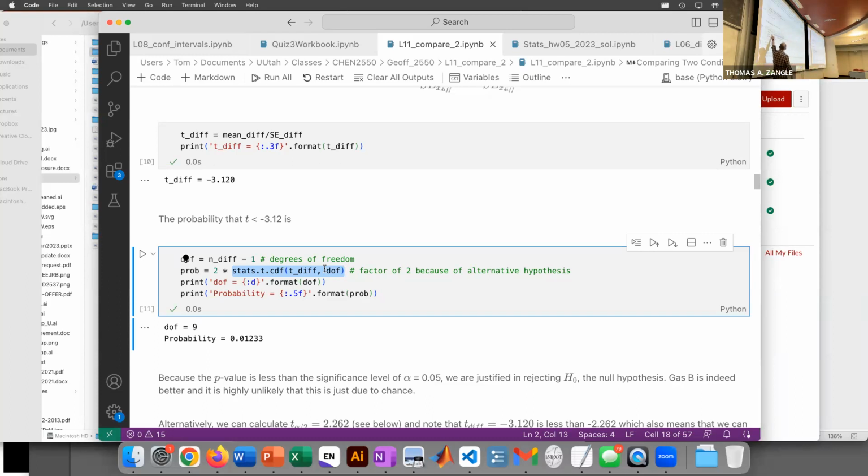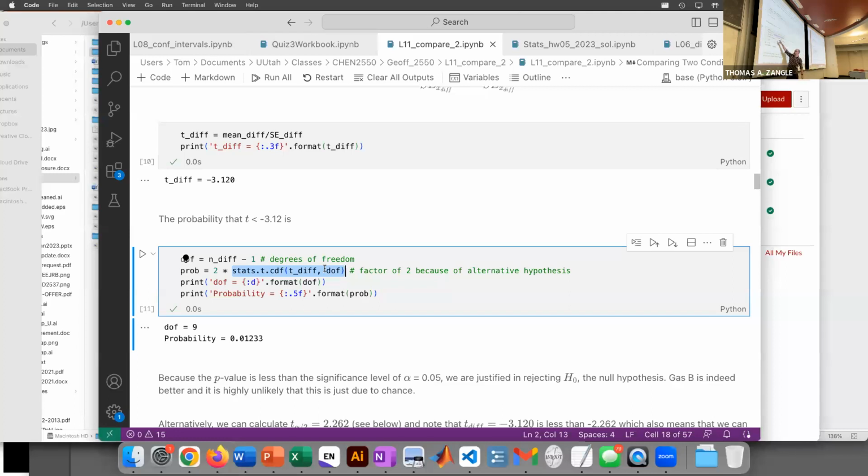And note here, we're multiplying by 2 because we're trying to evaluate the probability of seeing a difference in mean values that's at least as extreme as what we observed. So we take the area in one of our tails, and the area in both of our tails. The area in both tails of the t-distribution gives us the probability that we would see a result at least as extreme as what we observed. Does that make sense? In either direction.